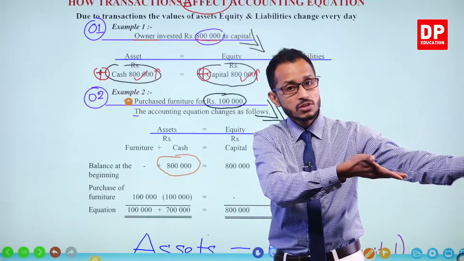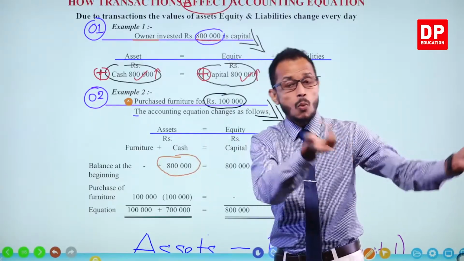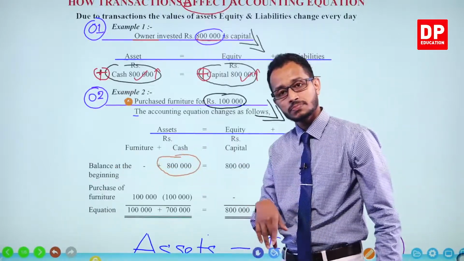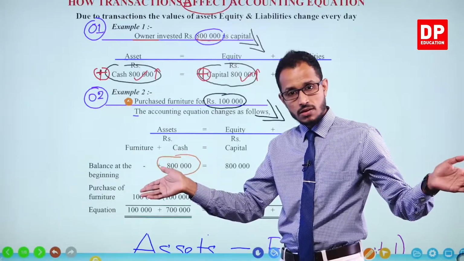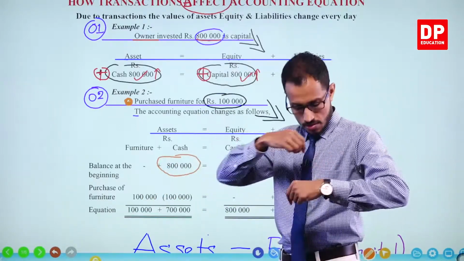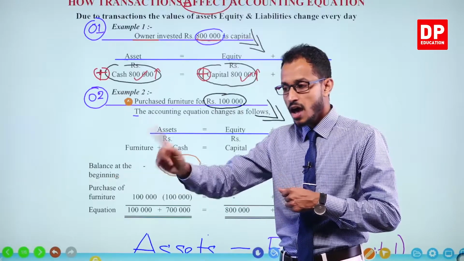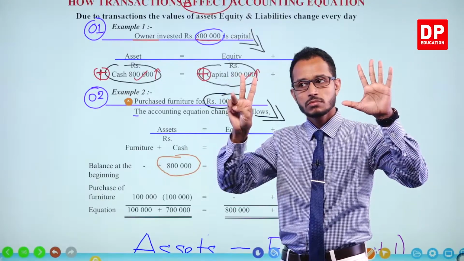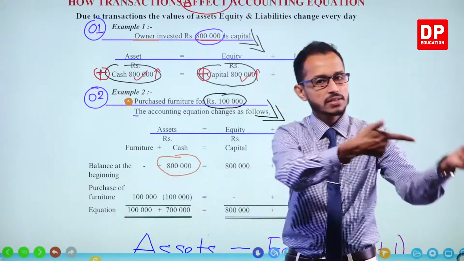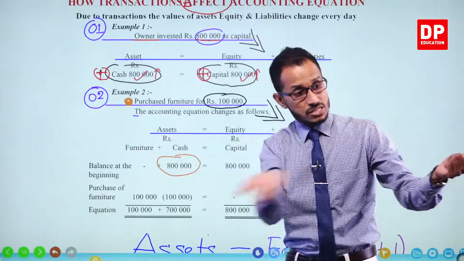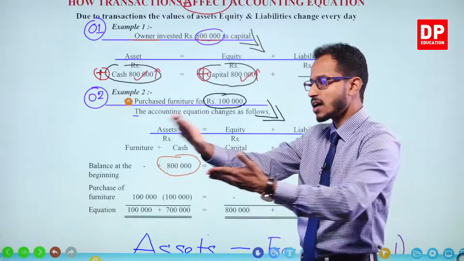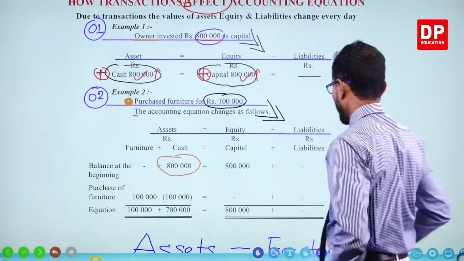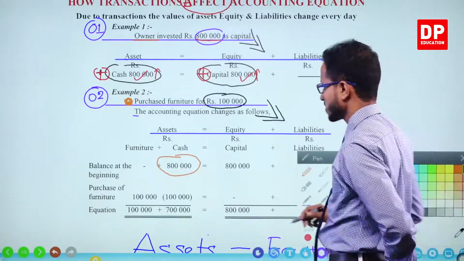For that 100,000 of cash spent, 100,000 of furniture has come into the business. It's clear, right? The money which the owner invested is already there. Out of that 800,000, 100,000 is gone now. 100,000 is spent. And for that 100,000 spent, 100,000 of furniture has come into the business. All right. So that's what they have shown here in the textbook.